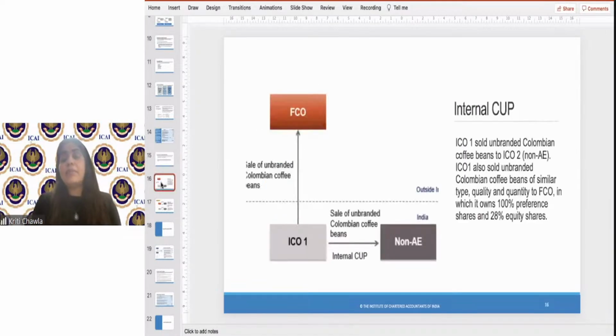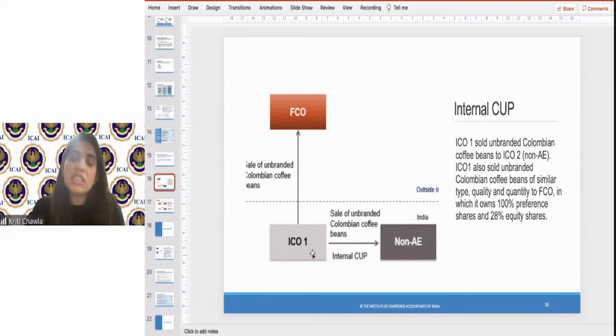Let's take this example. This talks about internal comparables. What exactly are internal comparables? Well, let's take this situation. We have our client, which is I company here. Now, I company is actually selling unbranded Colombian coffee beans to a non-AE, say, for example, I company 2.